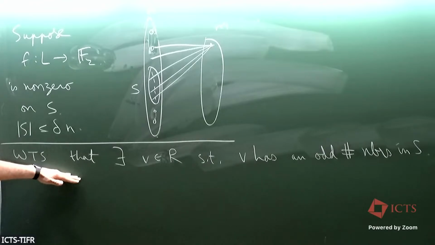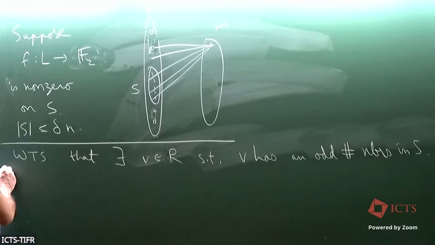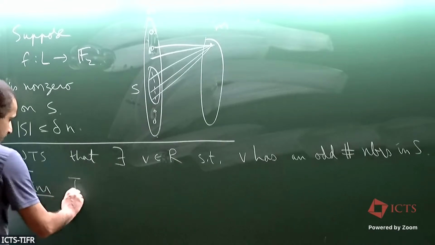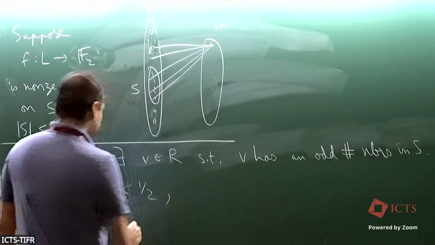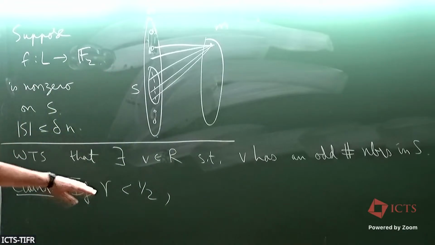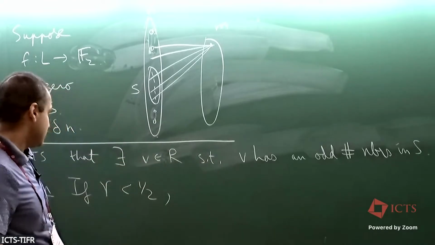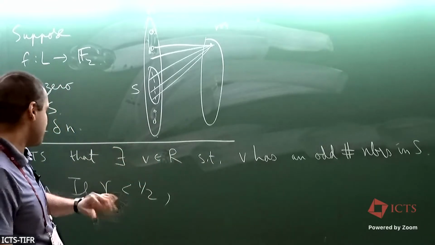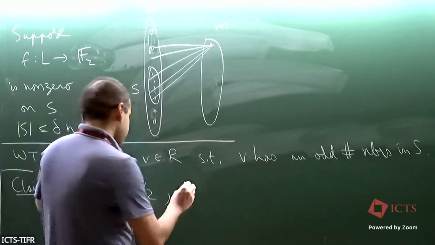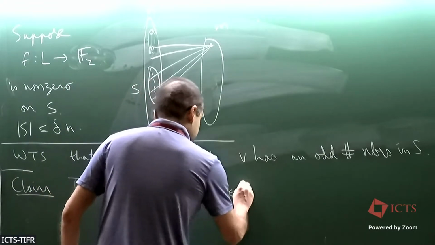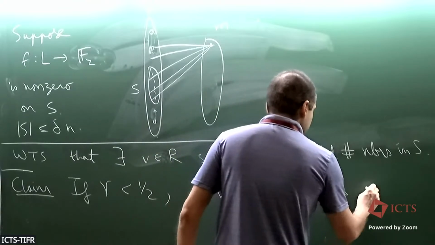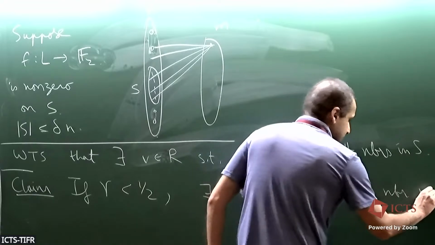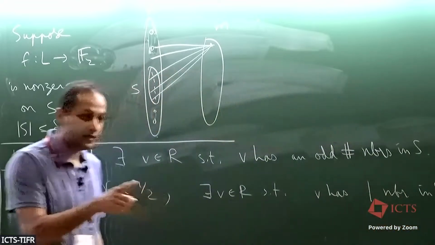Okay, so now the claim is if gamma is less than half, so I'm starting from just basic expansion, but I want to somehow get an odd neighbor, a vertex with an odd number of neighbors in S. So if gamma is less than a half, in fact, there is a vertex V in R such that V has one neighbor in S.